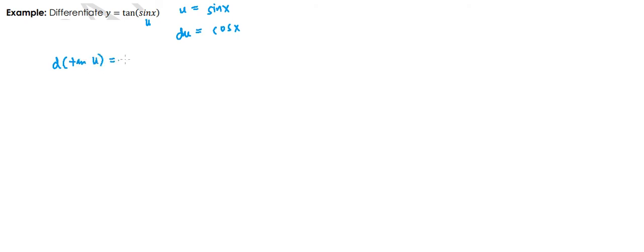The derivative of tangent u is equal to secant squared u du. So here we have to copy secant squared, and then our u here is sine x, and our du is cosine x. So this is now our derivative.